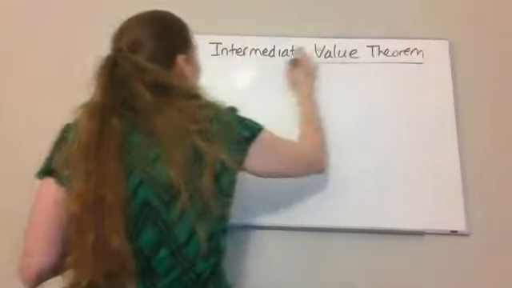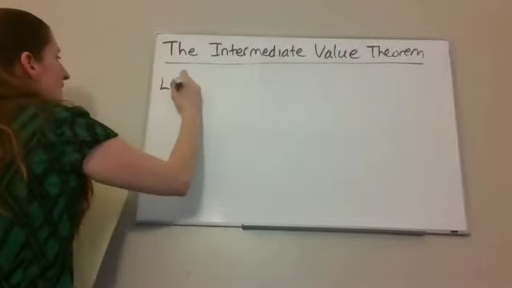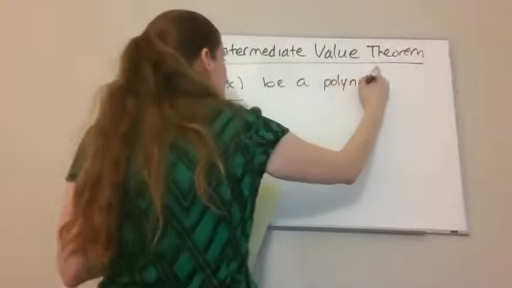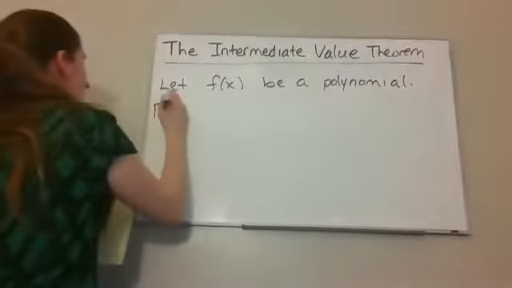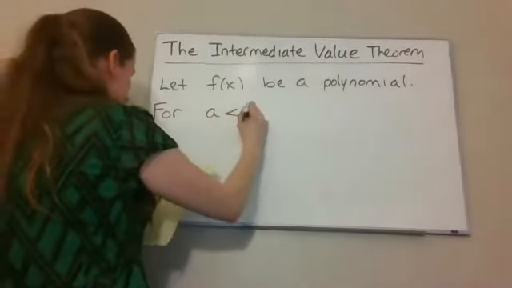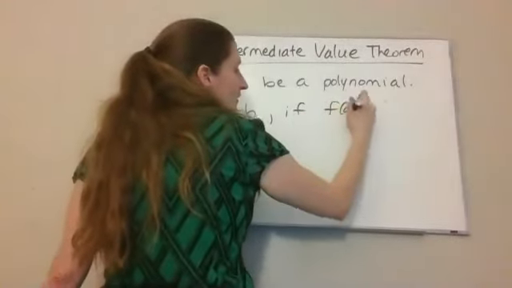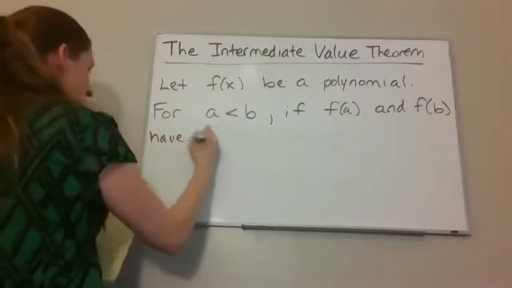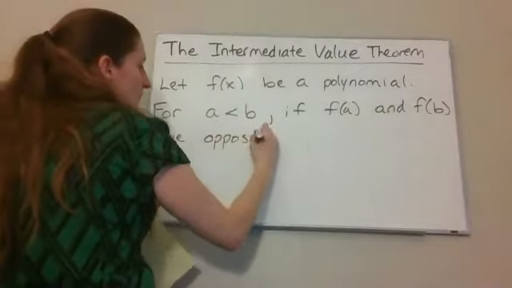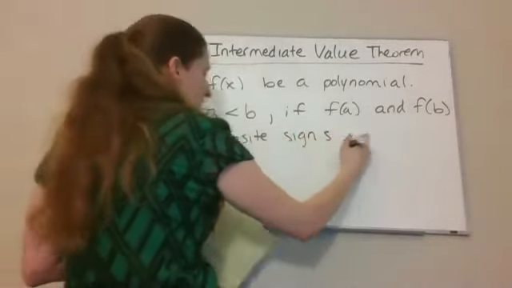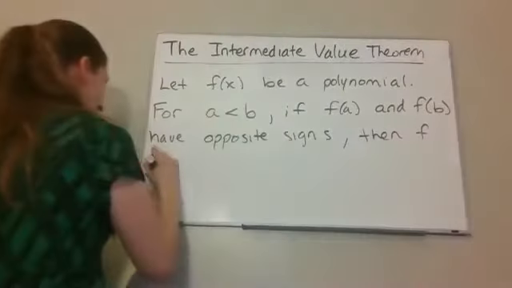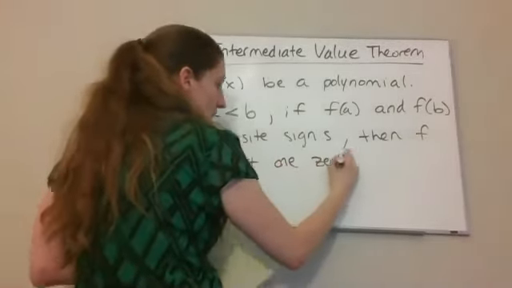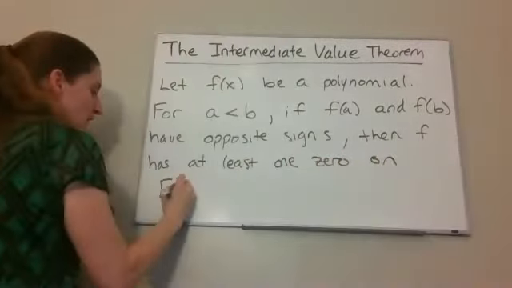The intermediate value theorem says, let f of x be a polynomial, then for a less than b, if f of a and f of b have opposite sign, then f has at least one 0 on the interval a to b.